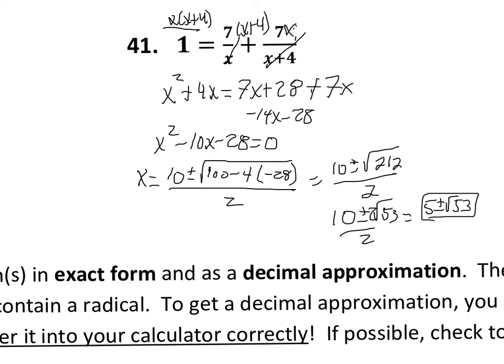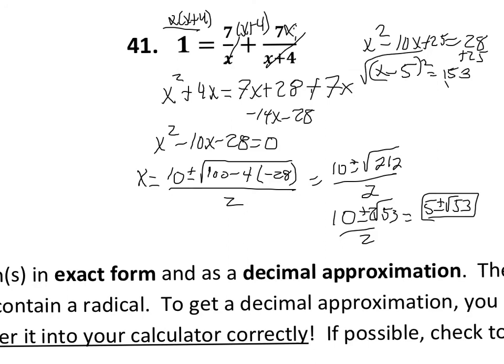Now, can I just show you completing the square real quick, how easy that one's going to be on this one? If I add 28, I get x squared minus 10x equals 28. Half of 10 is 5, squared. So now we get x minus 5 squared equals 53.